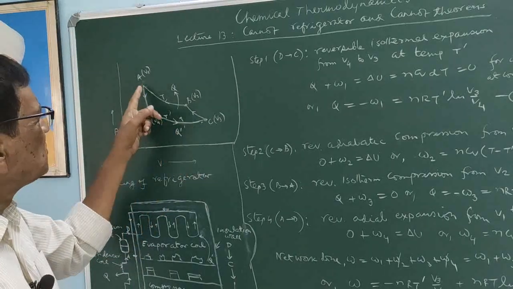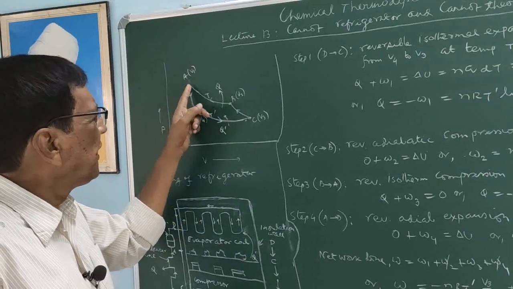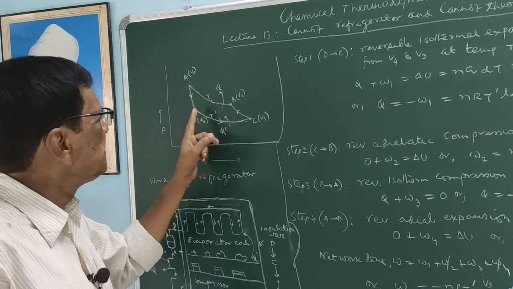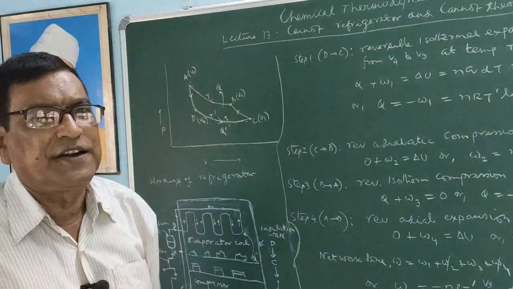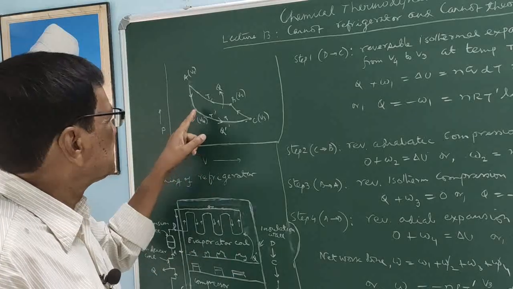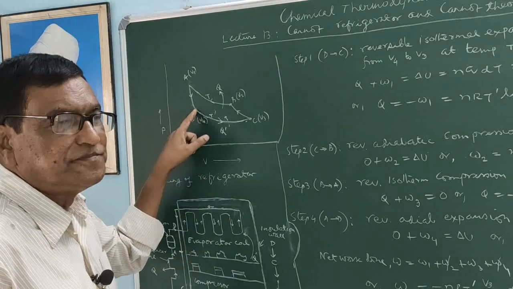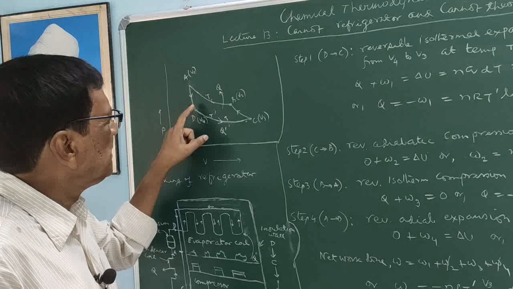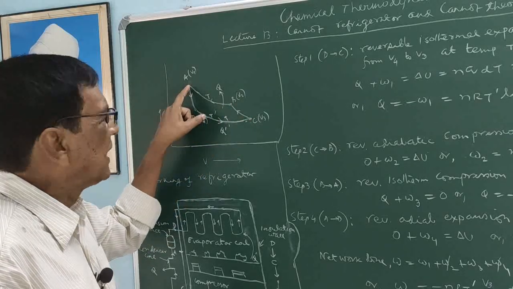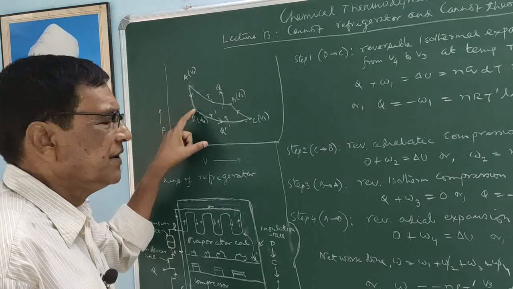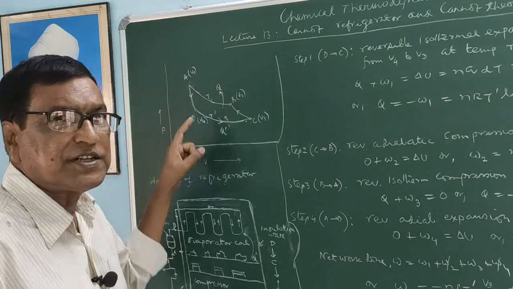In the Carnot cycle, it starts from A, B, C, D and A. But in the case of the refrigerator, it starts from D, D to C, C to B, and B to A. Then from A to D, it comes to its initial stage.